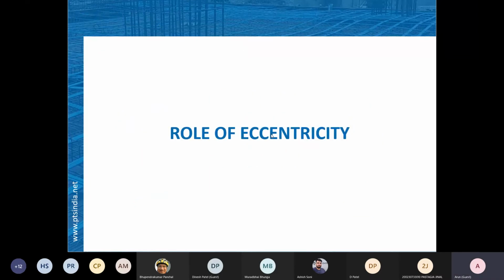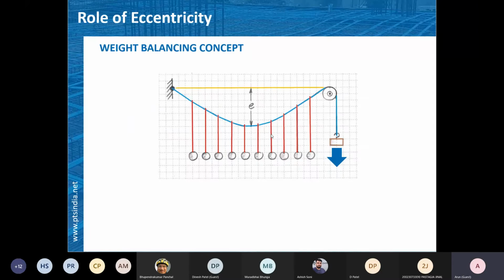Similarly, here with the same kind of example, we'll try to explain the role of eccentricity. Again, a similar example: you have a UDL, a uniformly distributed load.